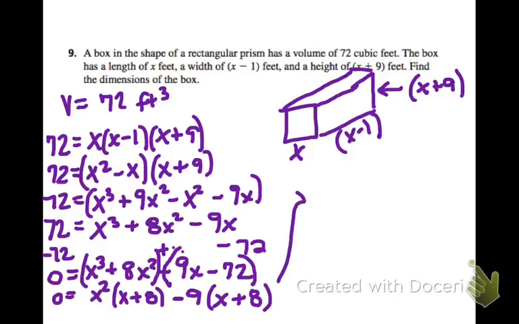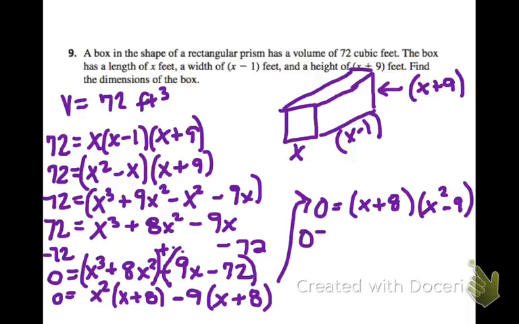So I'm going to kind of continue up here. So 0 will be equal to, and I have my factors here, x plus 8 is the common factor, and then x squared minus 9. Oh, look at that. That looks like a difference of 2 squares right there.